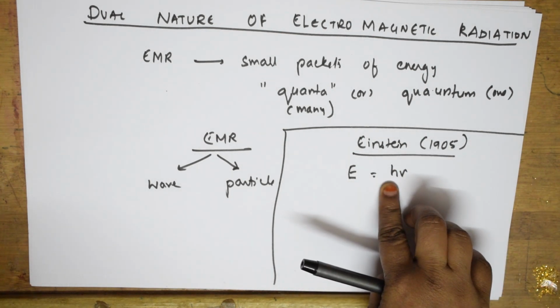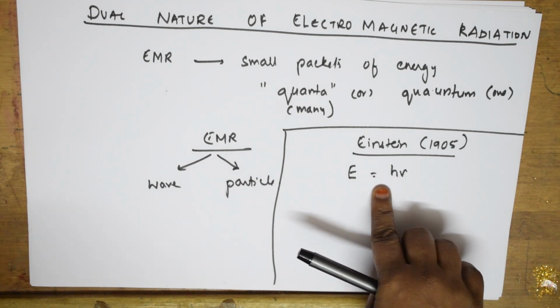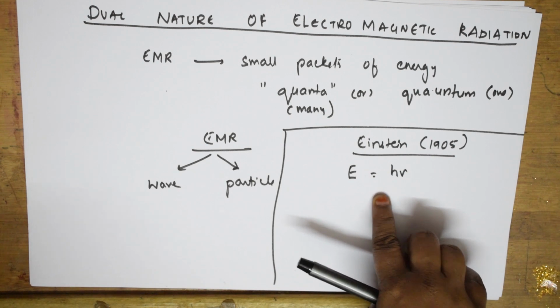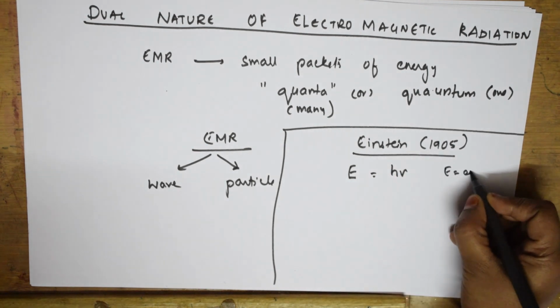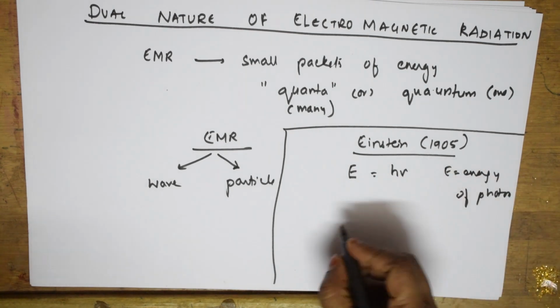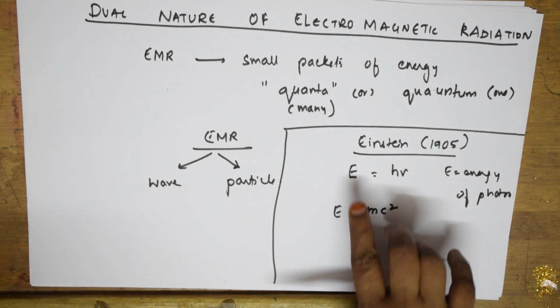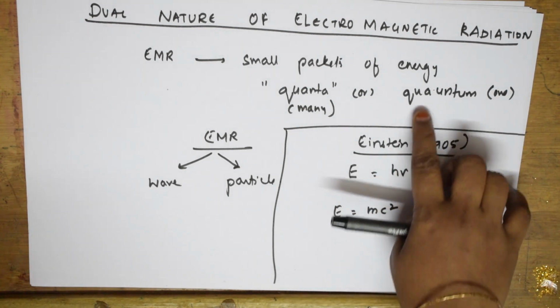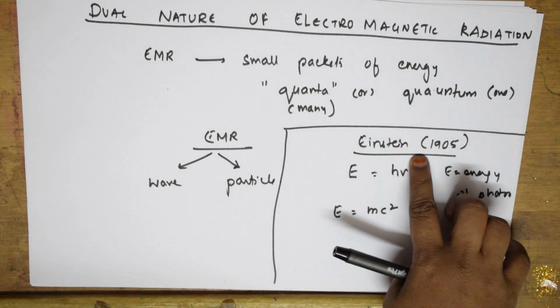H is Planck's constant, nu is the frequency. This is not the Einstein equation; basically, this is the energy of the photon. Then Einstein in 1905 gave the equation E is equal to mc square. So the energy is h nu, the quanta of energy, and E is equal to mc square, which is given by Einstein.